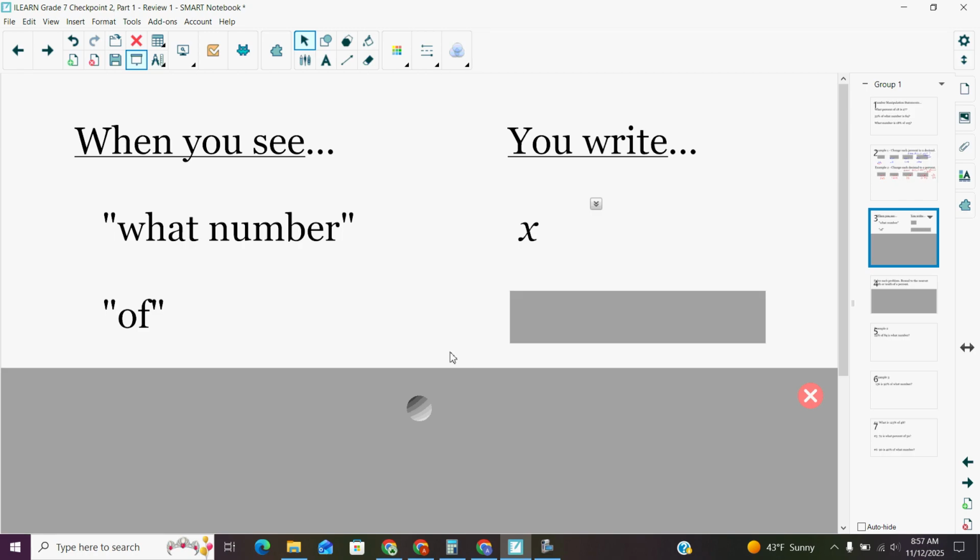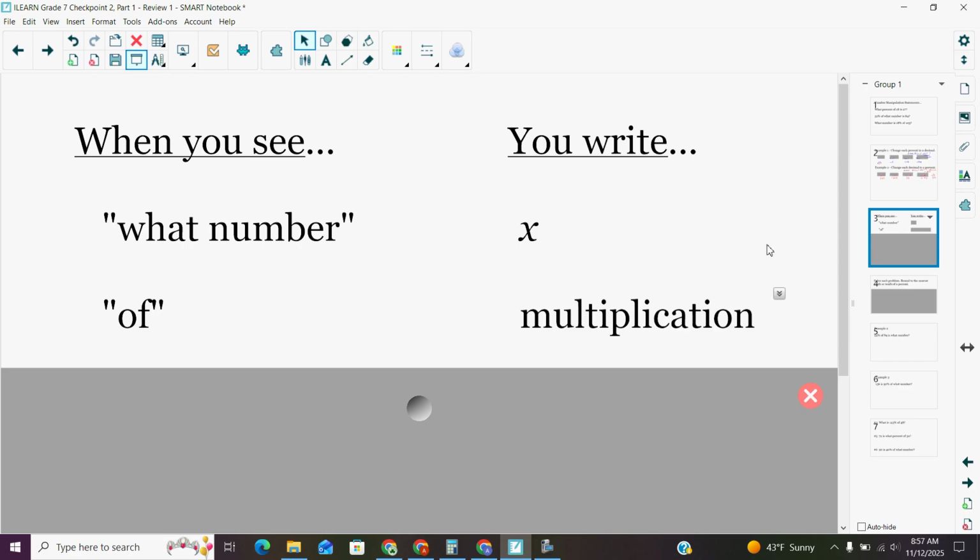The word of. Notice the word of occurred in each of those statements previously, each of those number manipulation statements. The word of is telling us to multiply. So if it says 12% of what number, you're going to take 12%. We'll talk about what to do with that in a moment.